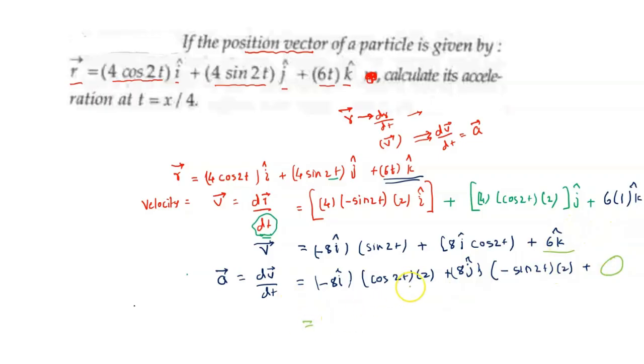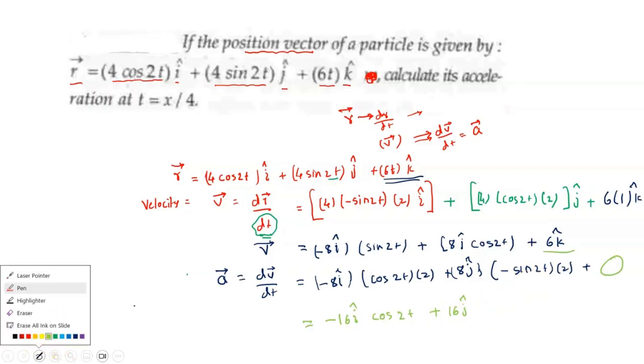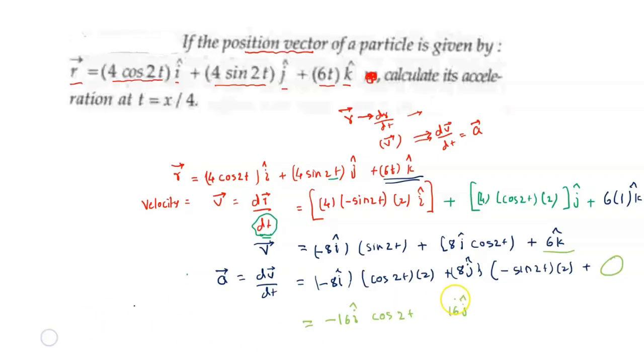So the final answer: 8 into 2 is minus 16 i hat cos of 2t, and 8 into 2 with the minus sign is minus 16 j hat sine of 2t. There is no z axis component, plus 0. So the acceleration is minus 16 i hat cos of 2t minus 16 j hat sine of 2t.